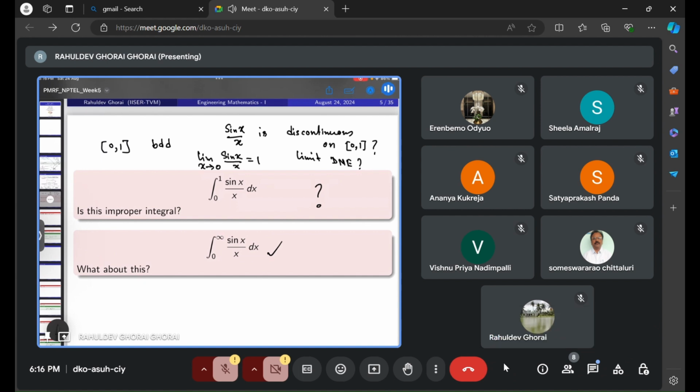Is it an improper integral? So, the first condition, the boundedness of the domain, that itself is not there. It's an unbounded domain, so it has to be an improper integral, right? Yes. So, this integral is an improper integral. I'm just giving you an example.